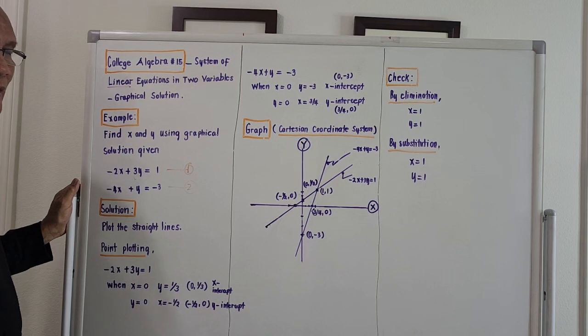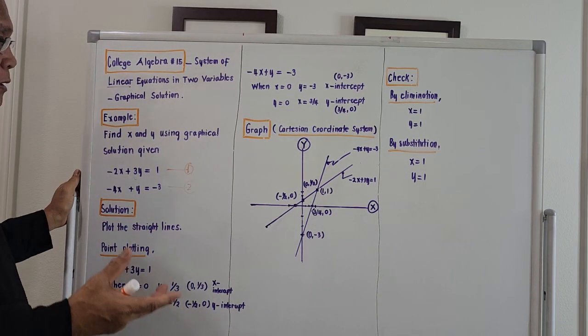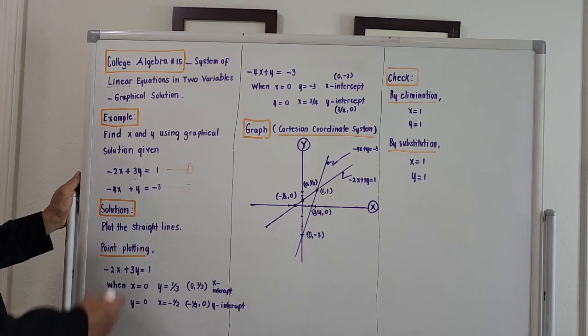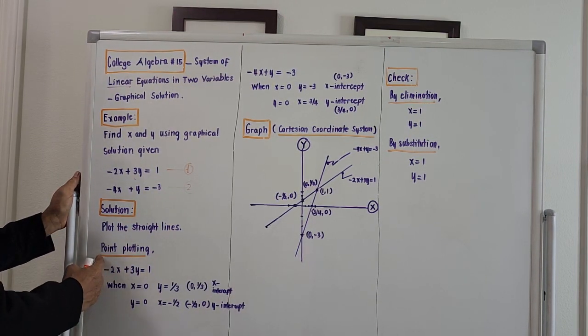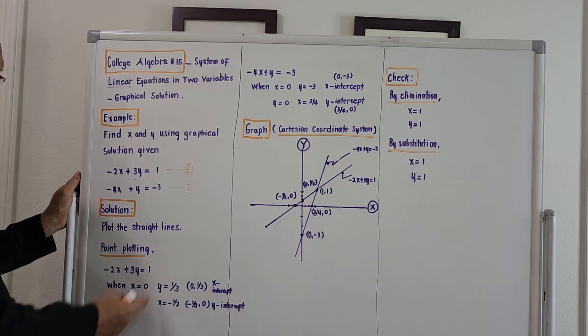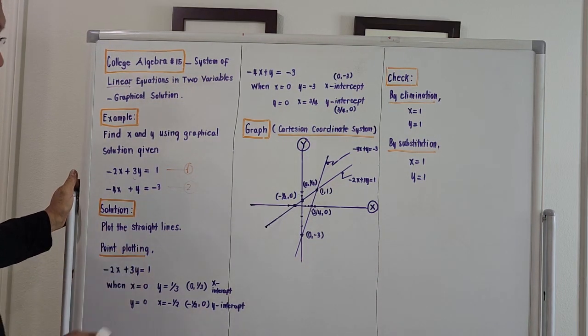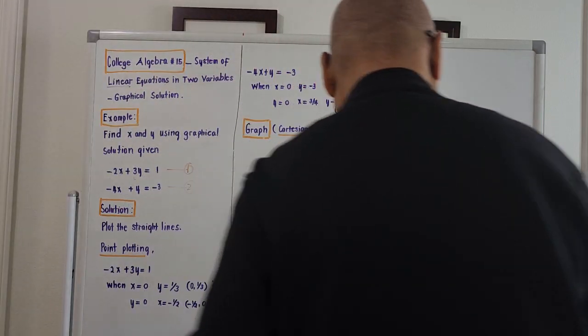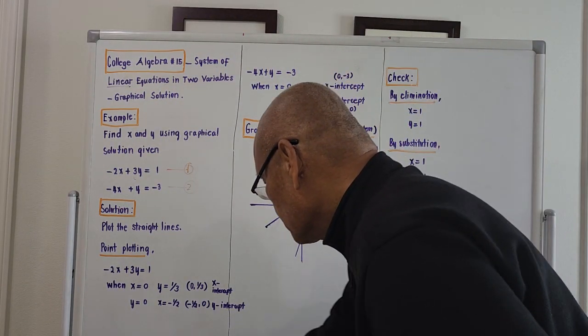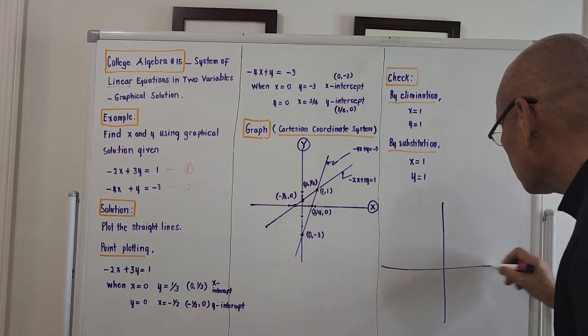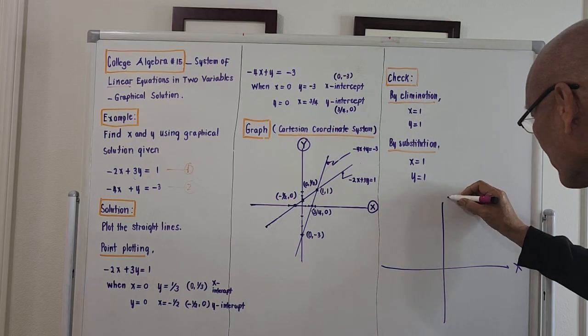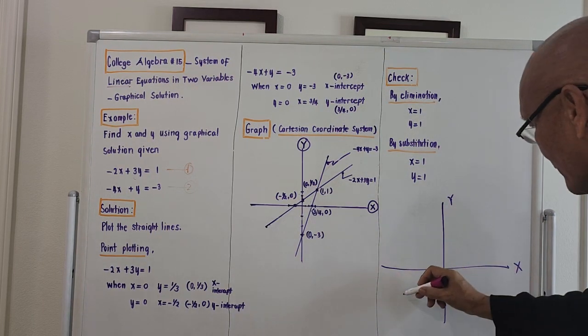Let's bring out the graphical solution. To do this, we will plot the straight lines. Point plotting. I will consider for the meantime equation number 1, minus 2x plus 3y equal to 1. To plot a straight line, this will be x, this is y.